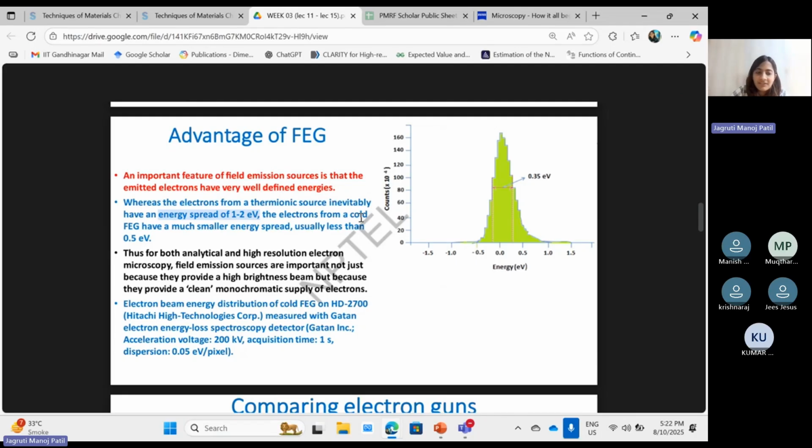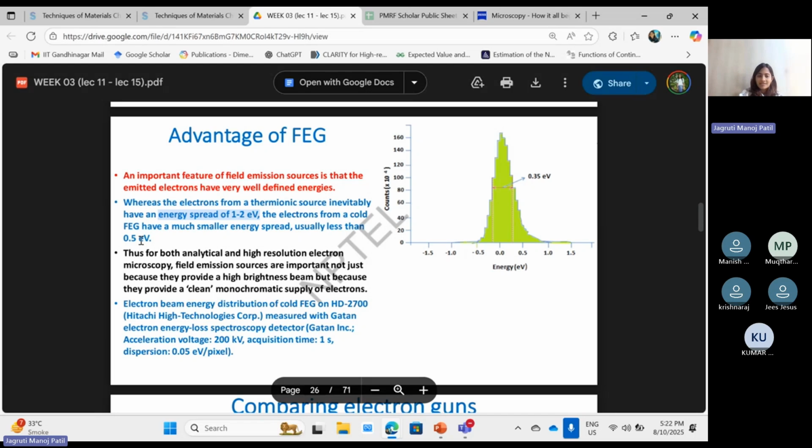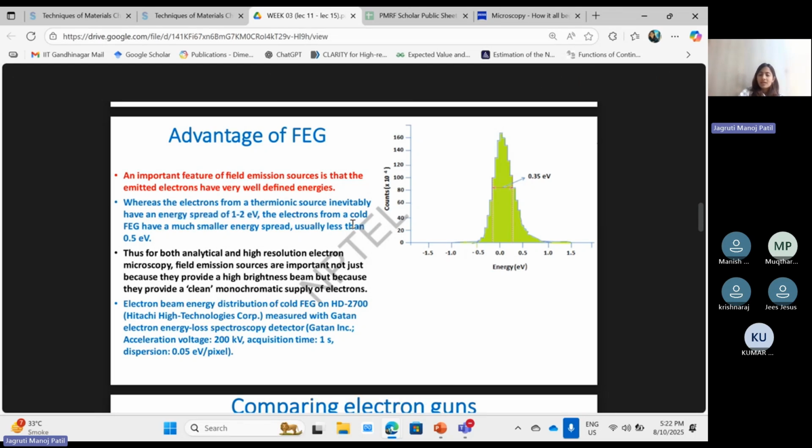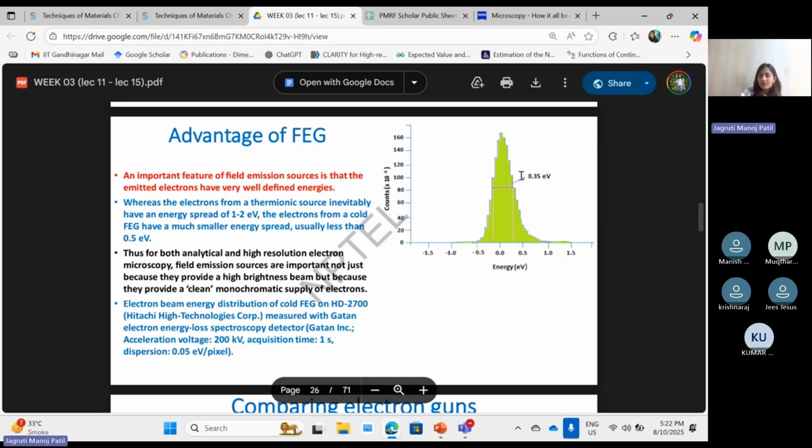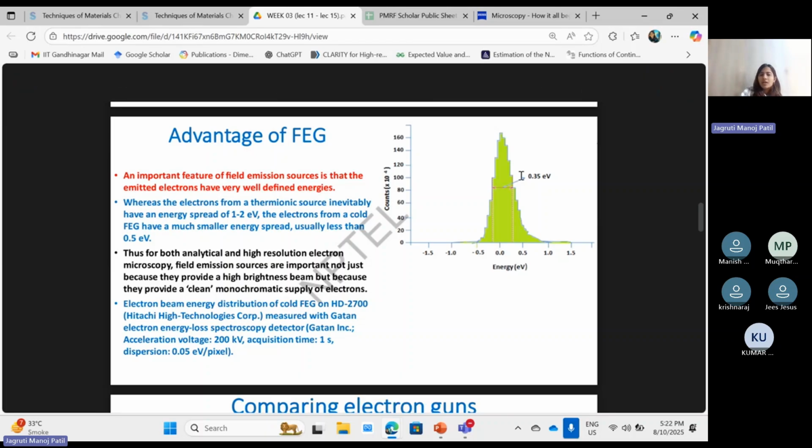But in case of these FEGs, which are stored in ultra high vacuum, you have a much lesser energy spread. So if you use this kind of electron gun, you get a very high spatial resolution, and in a way you'll also get higher brightness.